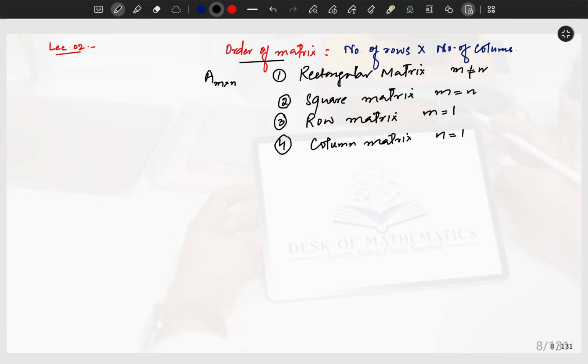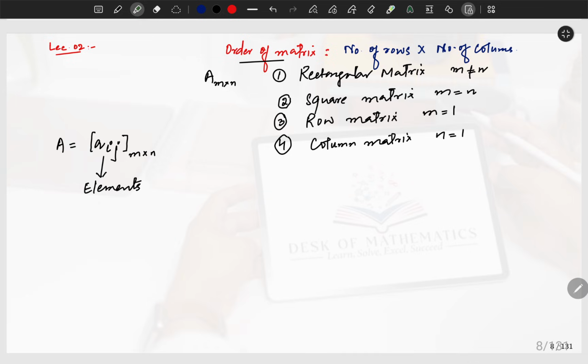Now, as I already told, a matrix A can be represented in the form of Aij of order m cross n. These are the elements of a matrix.